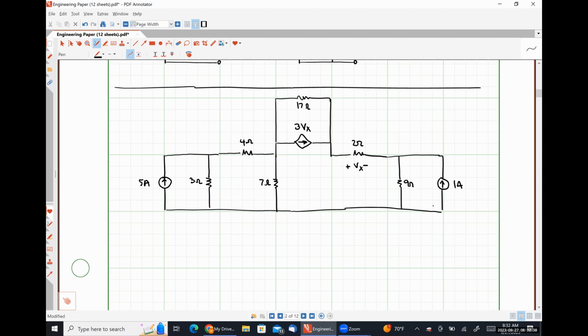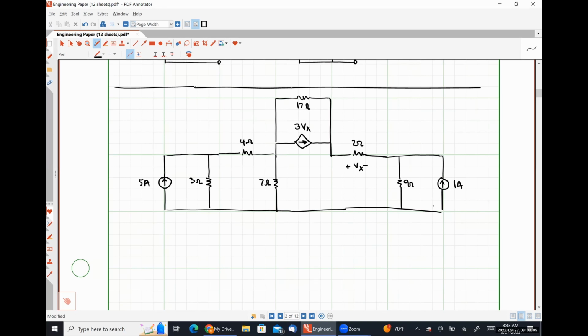So let me ask you guys a couple of questions about this particular circuit. How many nodes does it contain? 5. 4 on top and then the 1 on the bottom, right? How many meshes does it contain? 5.